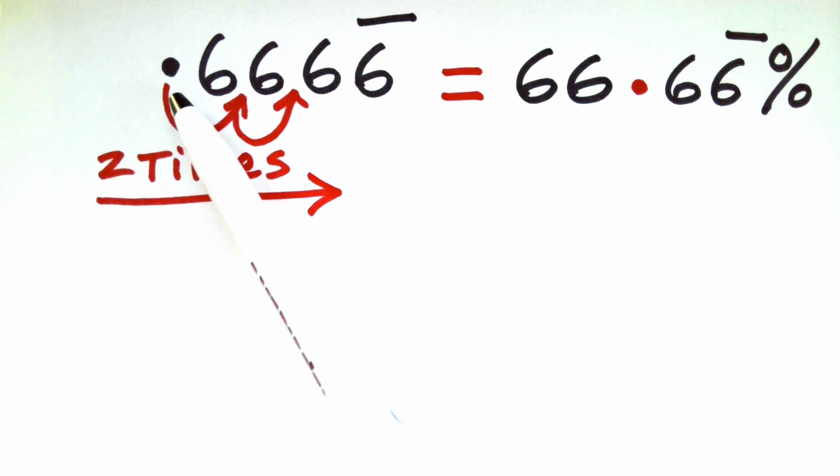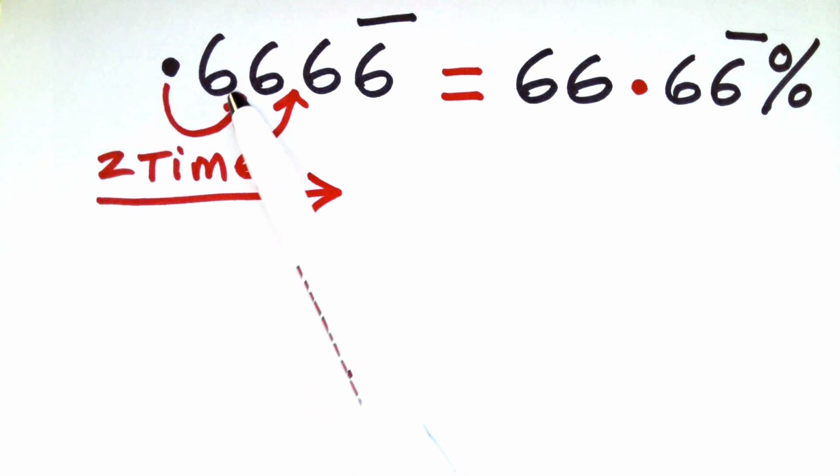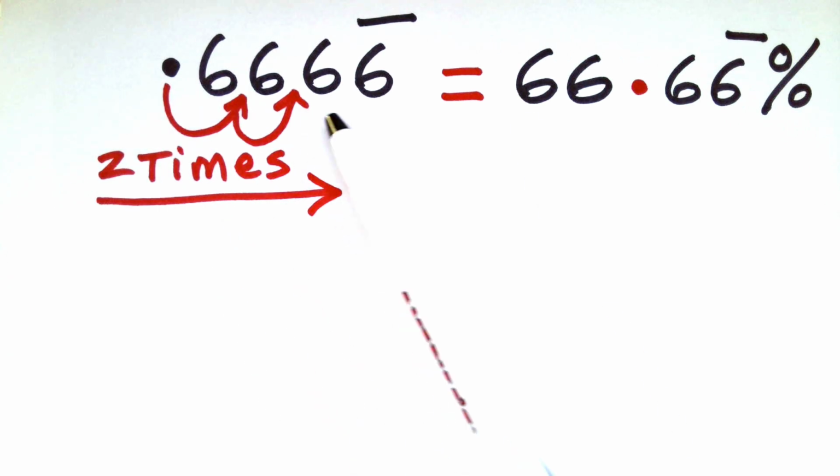We change this decimal into a percent by moving the decimal 2 times to the right. So move it 1 time, move it a second time, and you get 66.66%. Okay, and so hopefully this is helping to clarify this particular problem.